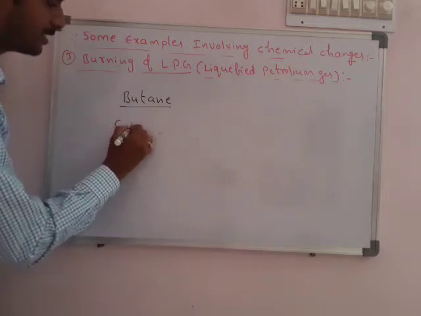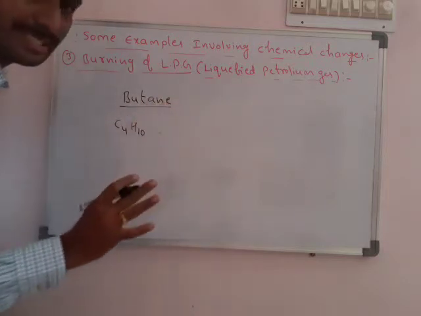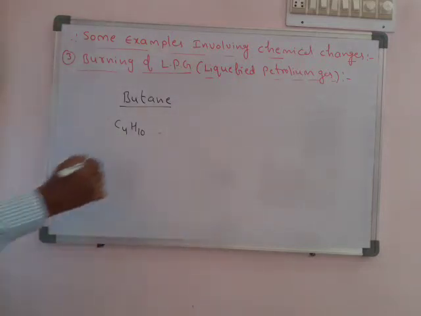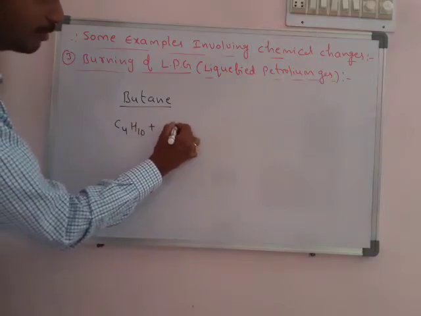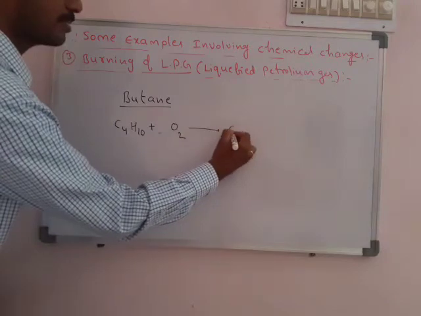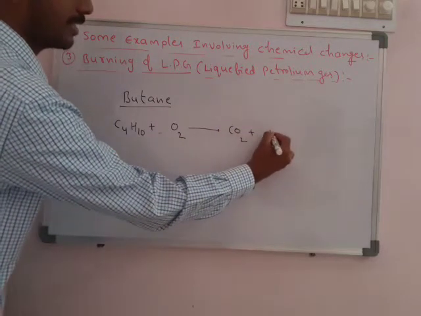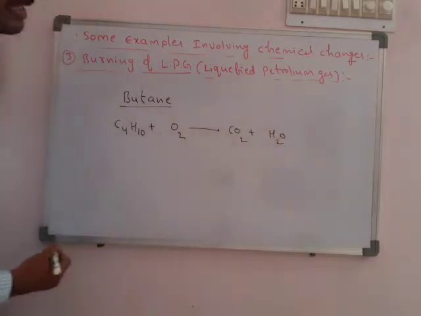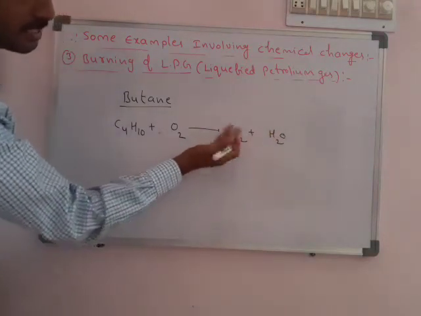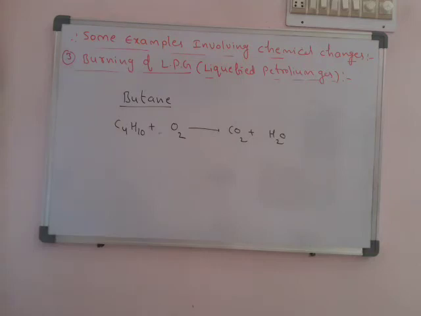The gas present in the LPG cylinders is butane. When butane is burned in air, that is in oxygen, it forms carbon dioxide and water. At high temperature the water is in the form of steam, and CO2 is already in the gaseous state. Now let's balance it.